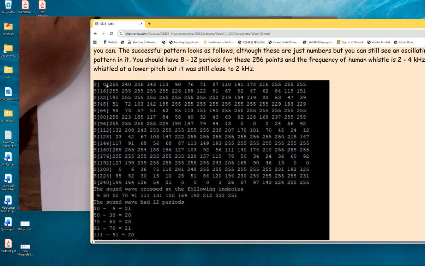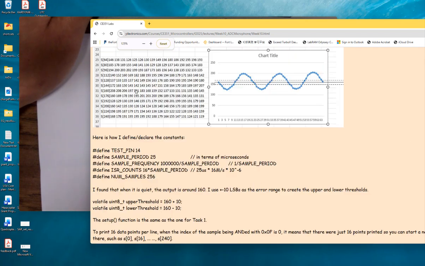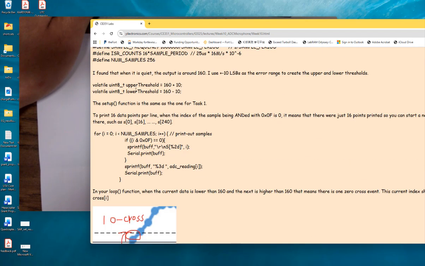Now, why do we have to do this? It's just one of the tasks, right? To practice on how to print out a certain format in a serial monitor. And let me see if I gave this to you already. I did. Guys, over here. How that works?